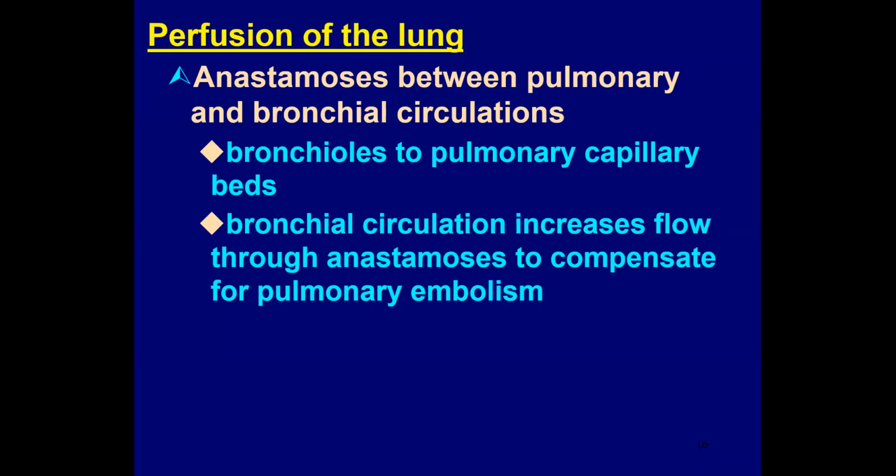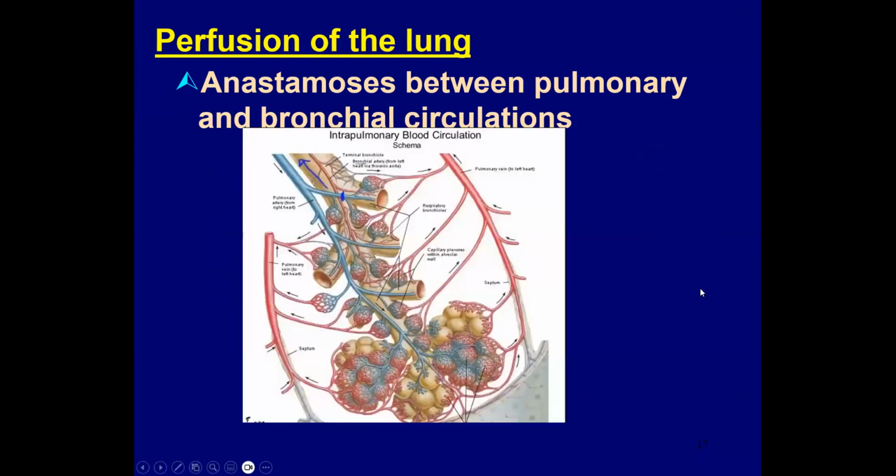So in the event of the pulmonary circulation being compromised to an area, the bronchial circulation will provide some compensation for that embolus. And this is a picture that shows the anastomoses between the pulmonary and bronchial circulations. This is very important.